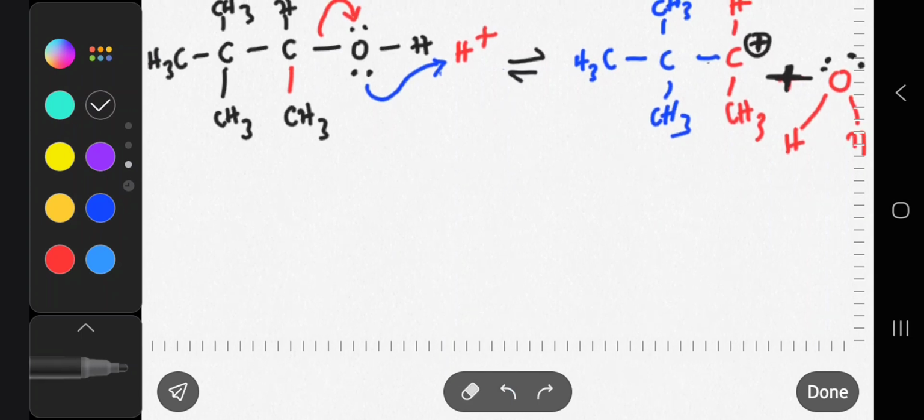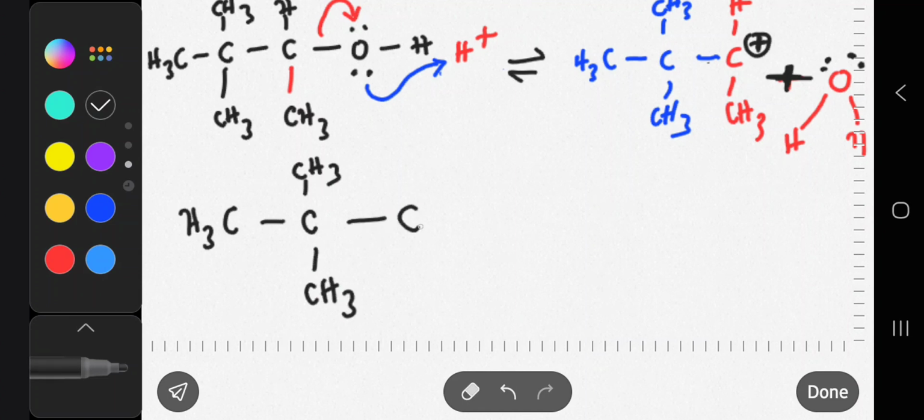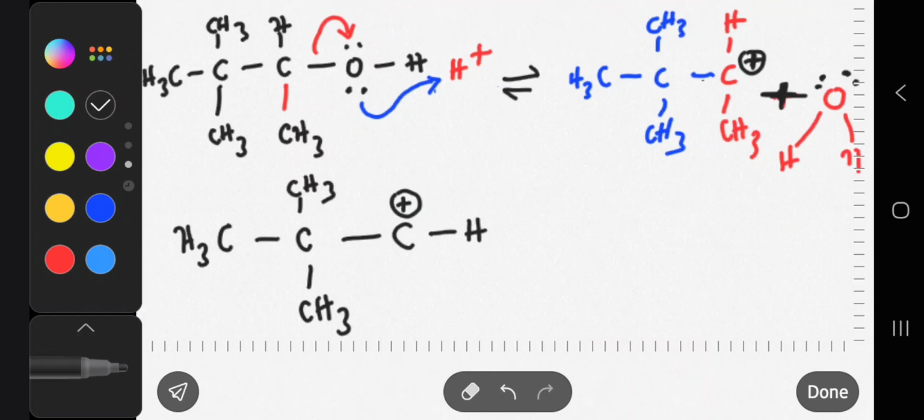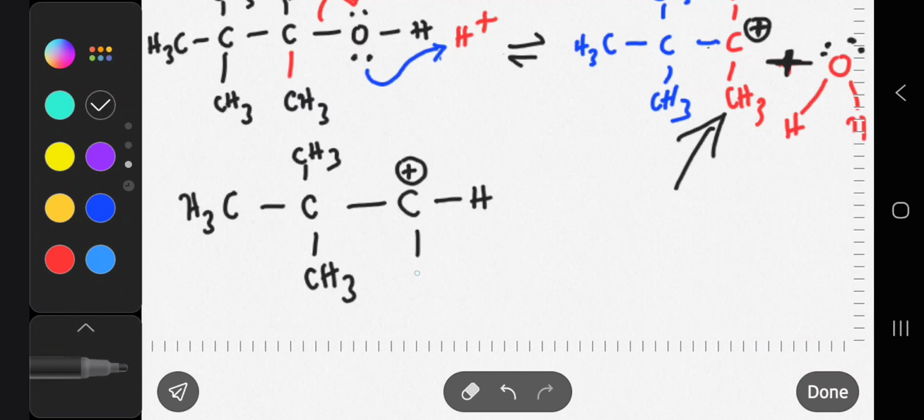So I'm going to have CH3, that's H3C, then carbon, then CH3, then we have CH3 here again. Remember, we have carbon here. Let me represent the positive charge here. Then I just changed the hydrogen. You can see here, the hydrogen's here. So I'm going to write CH3 here, right?